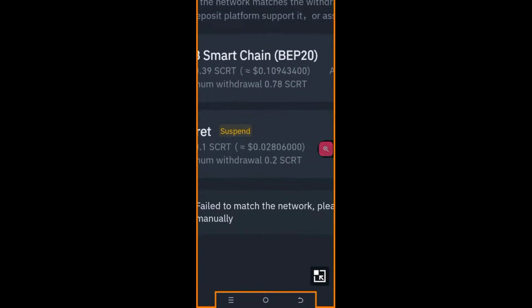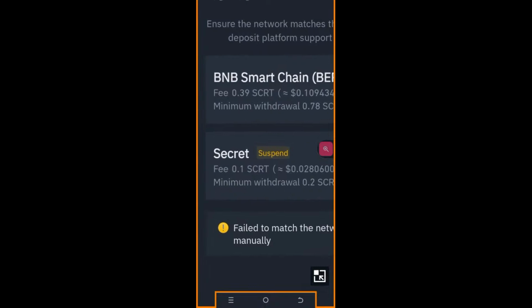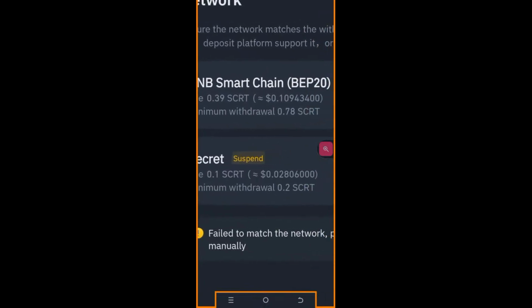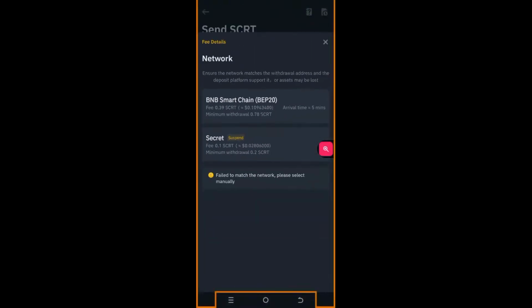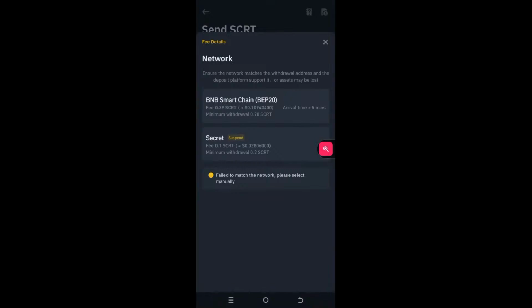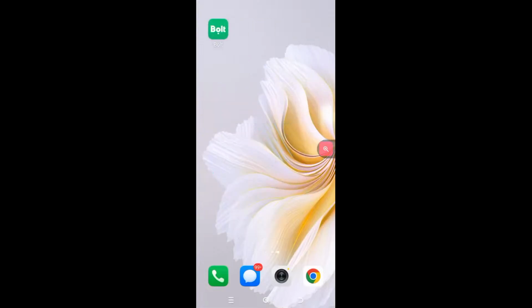And there's BEP20 network. Interesting. So the BEP20 network is just about 10 cents to send, right? But meanwhile, the secret network is suspended. Okay, let's go and check. Let's see whether we can send this over to KuCoin. Okay, like I told you, it's a dependency upon a dependency.